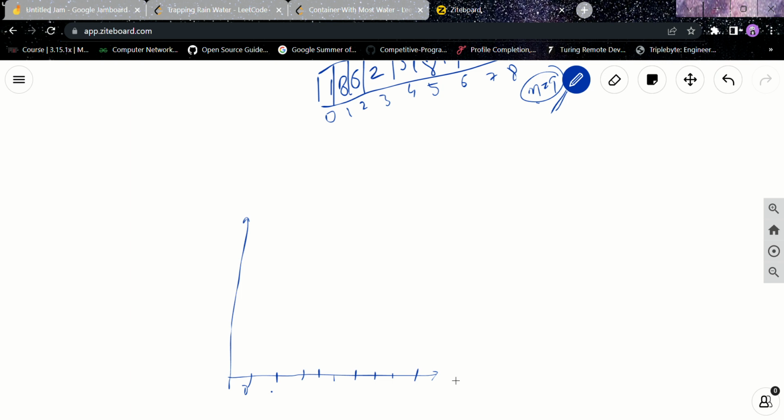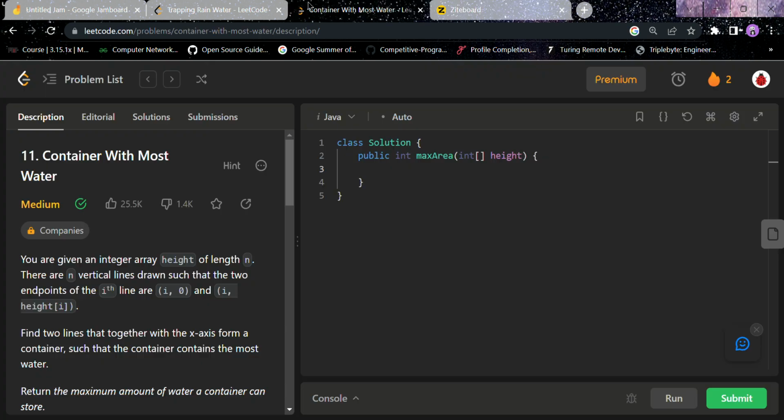In the x-axis we have (i, 0) as our coordinates. In the y-axis we have (i, height of i).